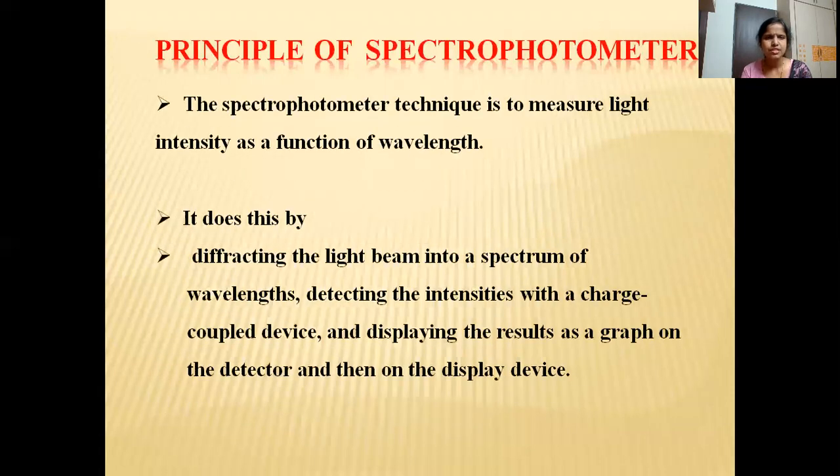First we'll see what a spectrophotometer is. It is a technique used to measure light intensity as a function of wavelength. This is done by diffracting the light beam into a spectrum of wavelengths, detecting the intensities with a charge coupled device, and displaying the results as a graph on the detector and then on the display device. This is the process by which we can find the absorbance or the transmittance.